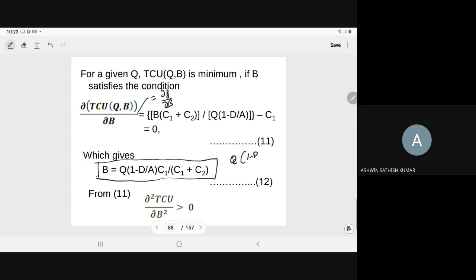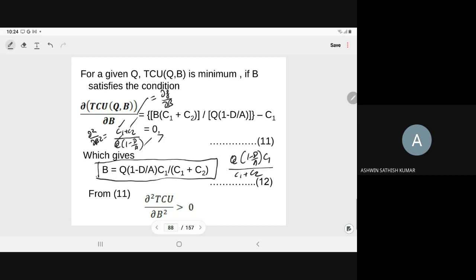And then if you compute del 2 upon del B2, here you have C1 plus C2 upon Q1 minus D upon A. Since D is less than A, D upon A is less than 1, so 1 minus D upon A is also positive.